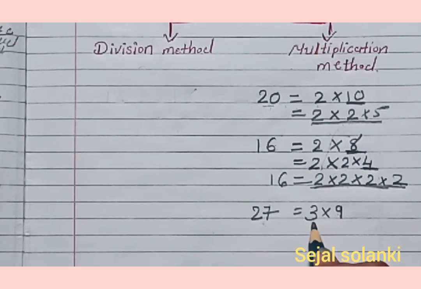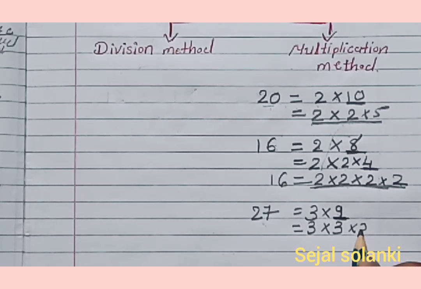Now this 3 is a prime number, but which is the composite number? 9. So we will underline it. Then once again we will write the prime as it is, multiplied by, and now we will break this 9. We will break 9 into 3 into 3. Now let's check if any composite number is there. 3, 3 and 3 are all prime numbers. So we will stop.